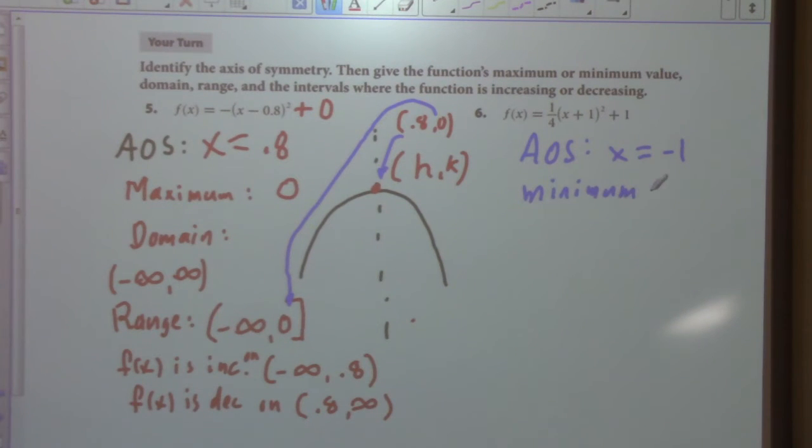And then the minimum value is 1. We'll call it 1. Our domain is going to be the same as for all polynomial functions, which is all real numbers, and our range is going to be what?